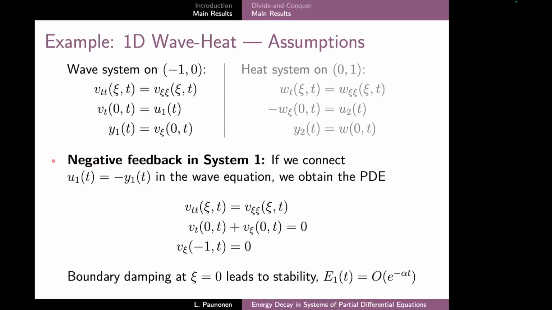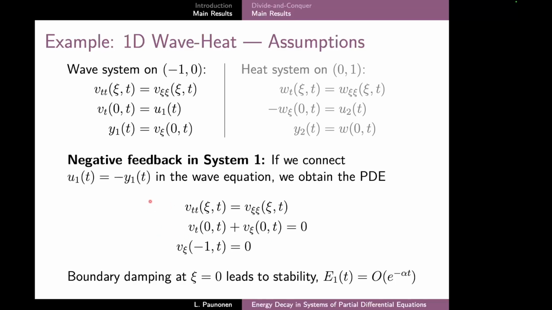If we start with the assumption on the wave system, we can investigate how the system behaves when we implement this negative feedback. So what we want to do is assign U1 to be equal to the output Y1, but with an inverse sign. And what this amounts to is a modified boundary condition for the wave equation at point 0.